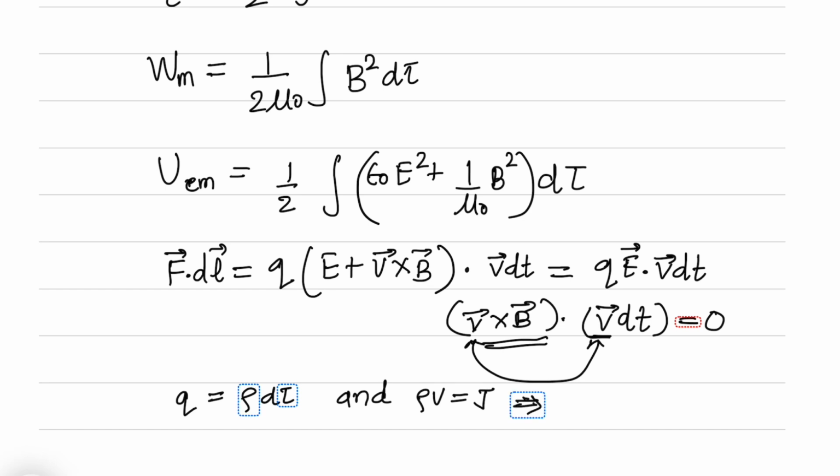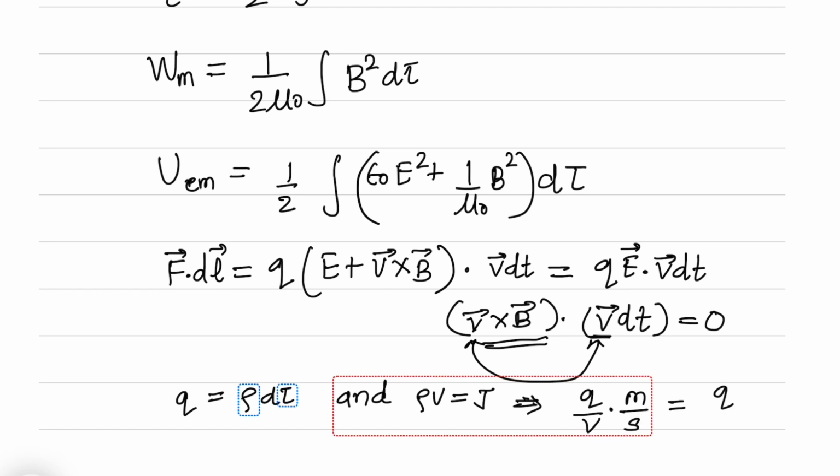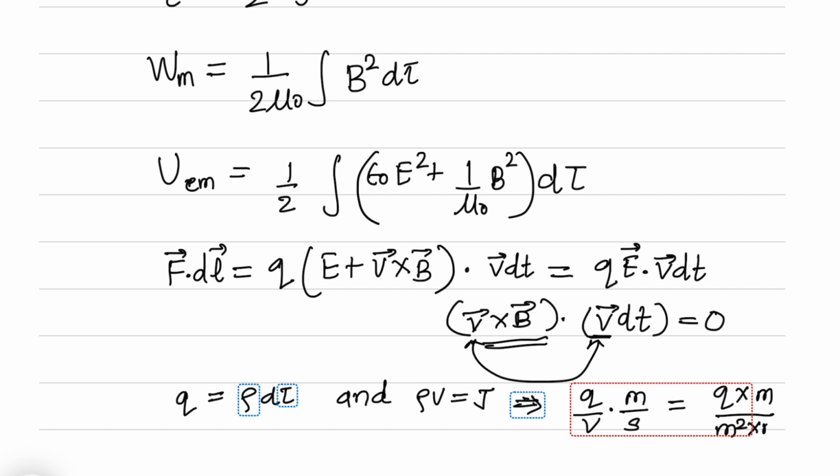Volume charge density. Rho is charge upon volume, and v is the velocity in meter per second. So this will be equal to q, the charge, into length divided by meter cube into second.